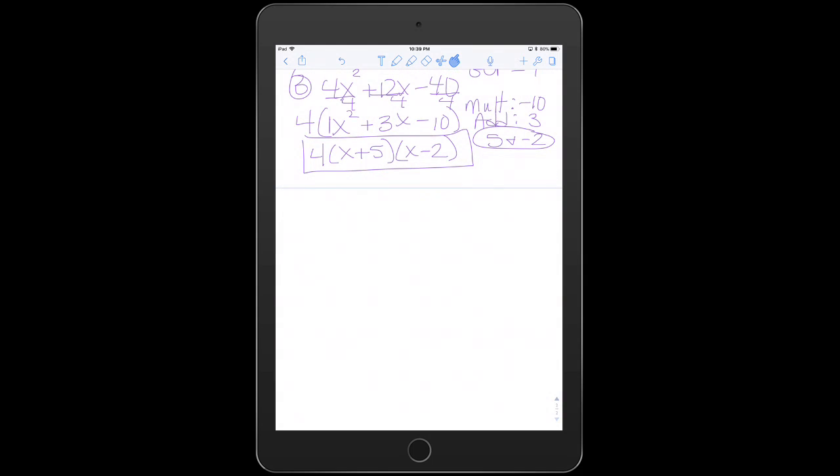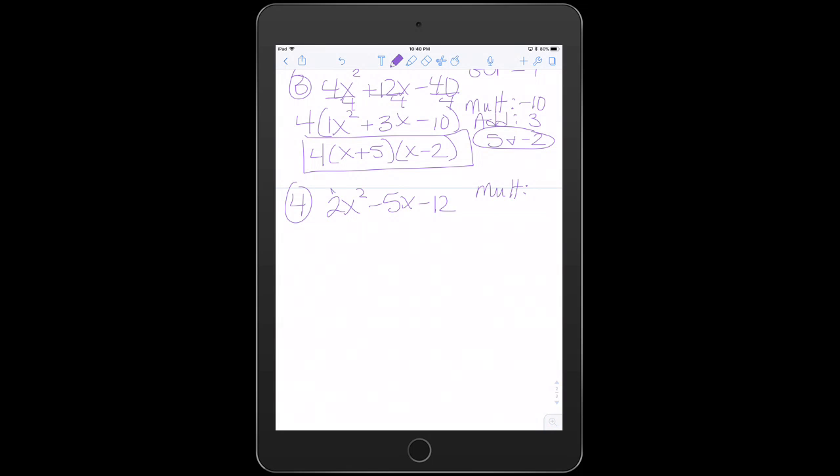Last example. Let's try this one. 2x squared minus 5x minus 12. Look for a GCF and you will find there is none. So it's a trinomial. A is not 1, so we can't use the shortcut.